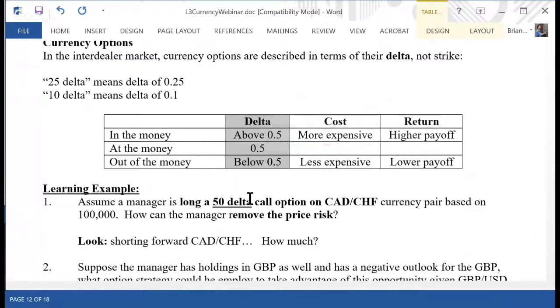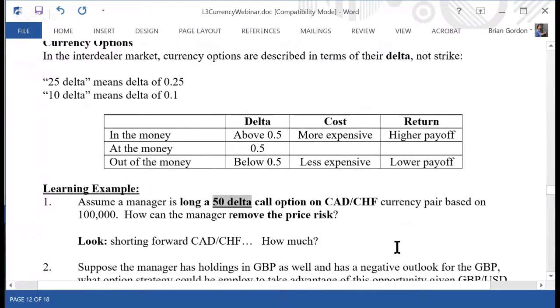I think we know that. And a delta of 0.5 or 50, because they start to talk about these in terms of percentages, means that we are at the money. So a 50 delta option means that we are exactly at the money. We've got a delta of +0.5.